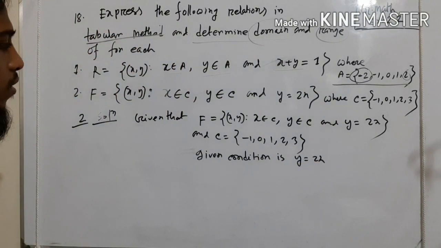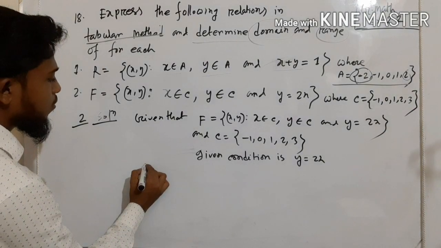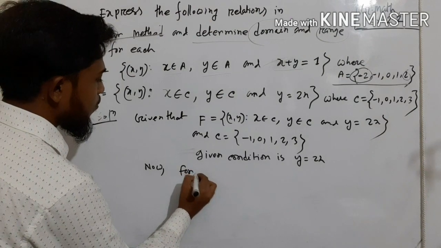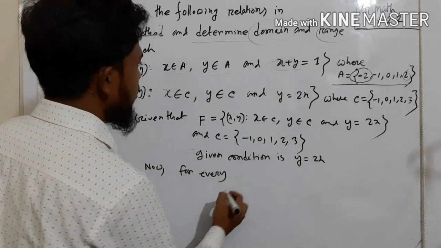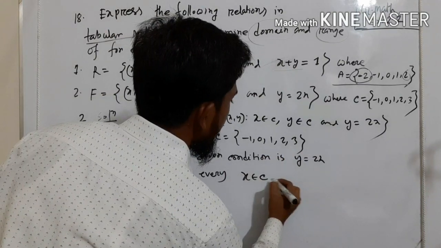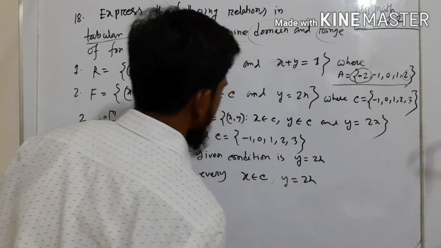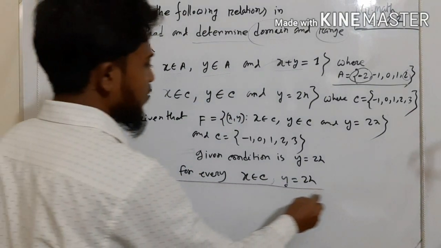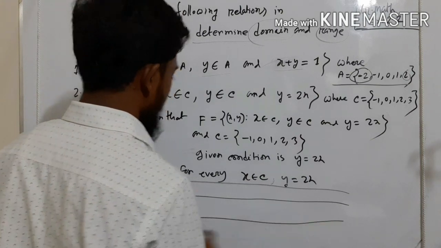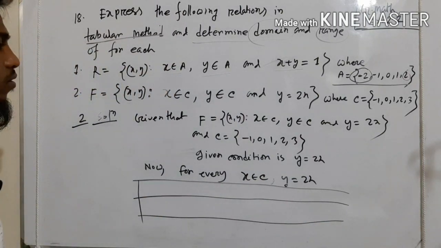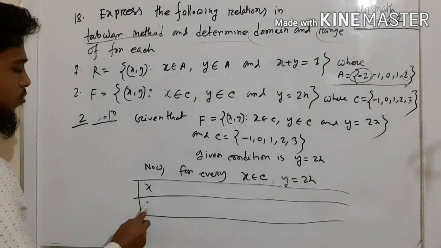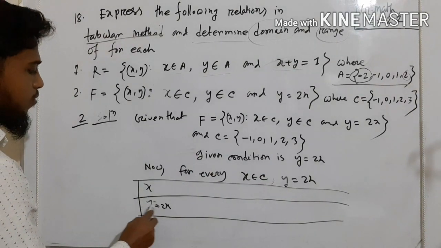Now for every x in C, y equal to 2x, then we can find our value according to this condition. So this is x and y equal to 2x.